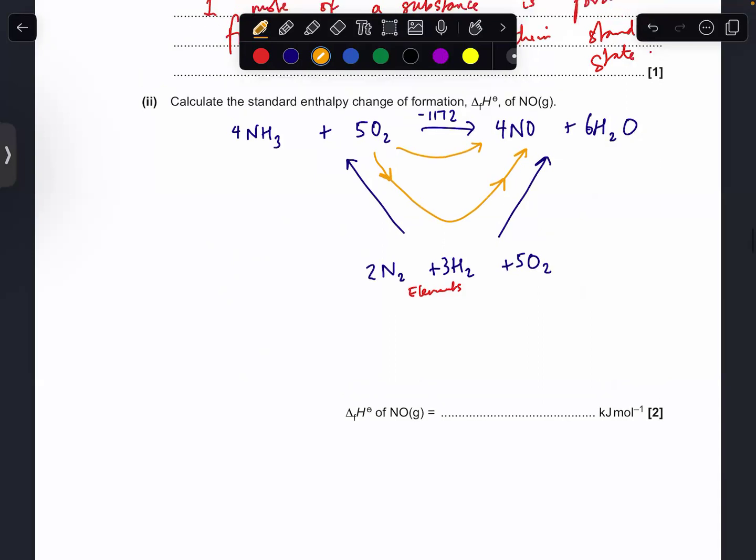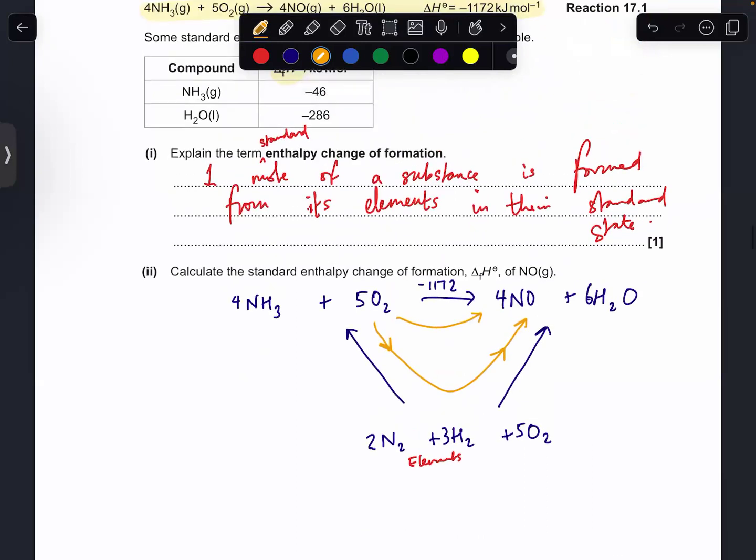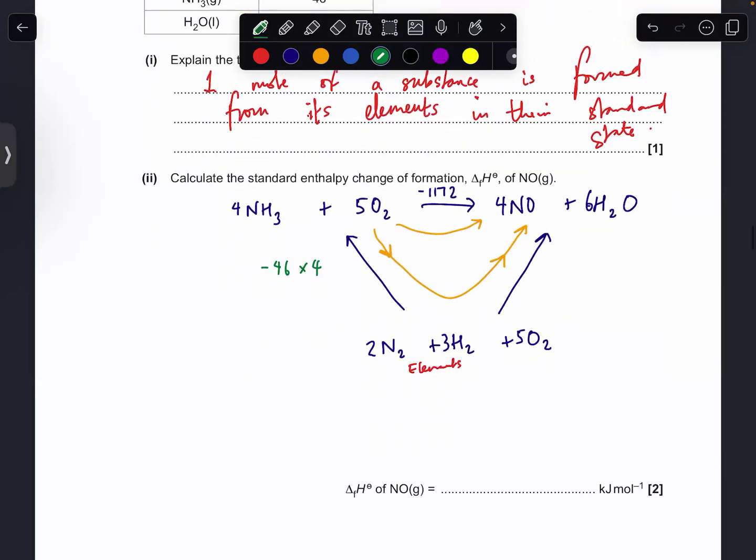So ammonia is given as minus 46, but there are 4 of those. Oxygen, the enthalpy change of formation of oxygen is 0, because going from O2 to O2, there's no energy change required in that. So 0 times 5.